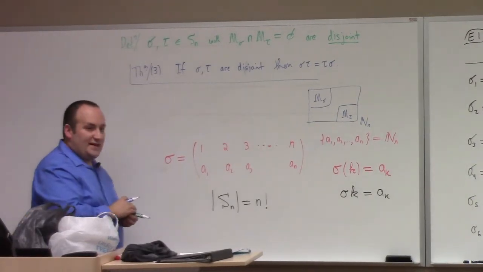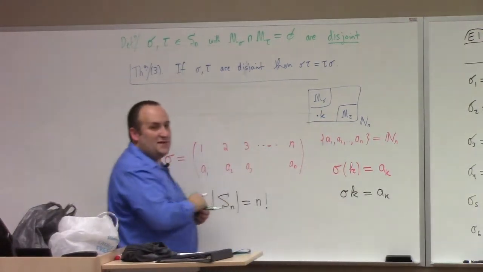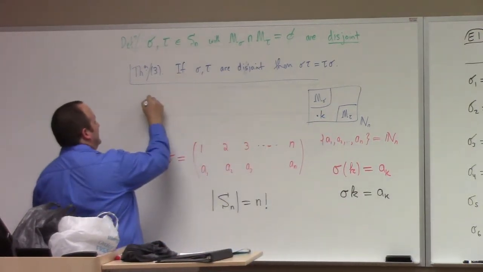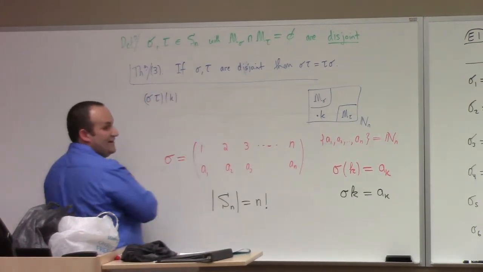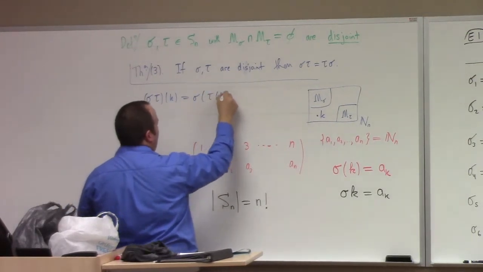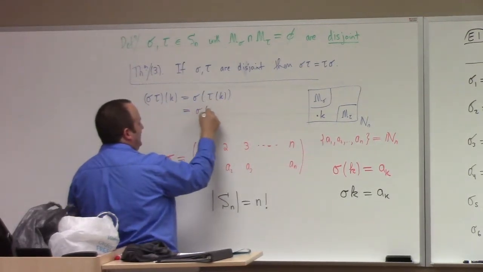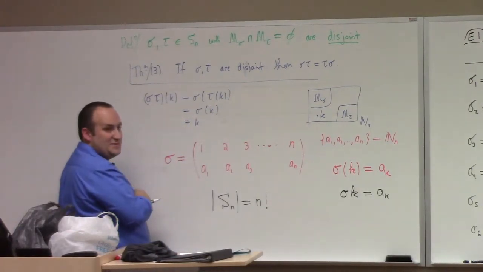The easiest kind of point to see is this one, right? If k is fixed by both sigma and tau, if you look at sigma tau of k, it's equal to sigma of tau of k, which is equal to sigma of k because it's fixed by tau, which is equal to k because it's fixed by sigma.